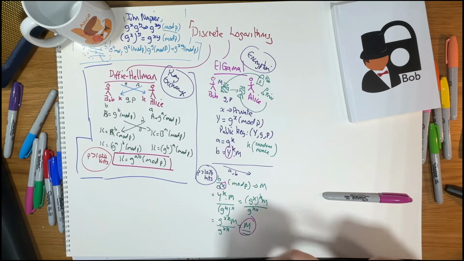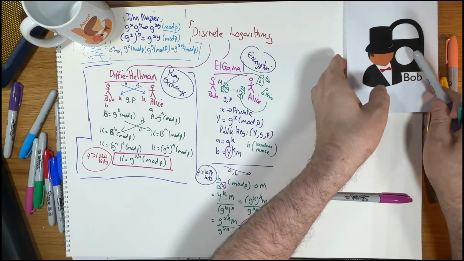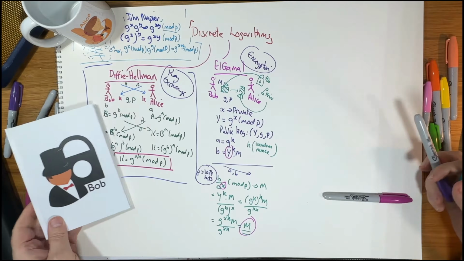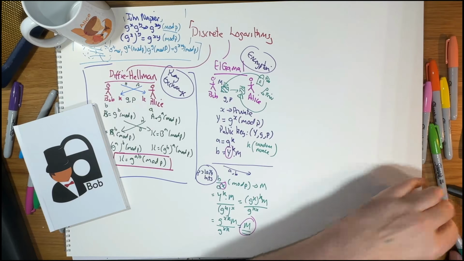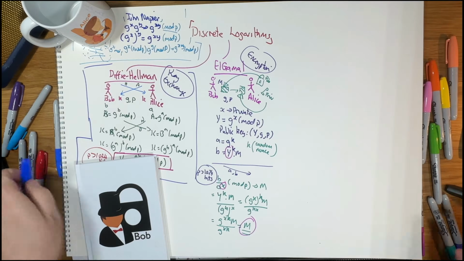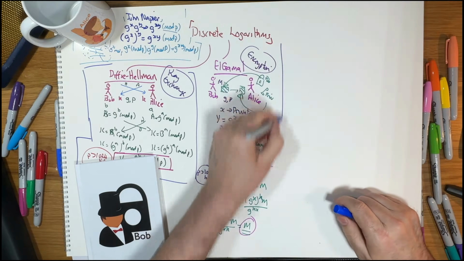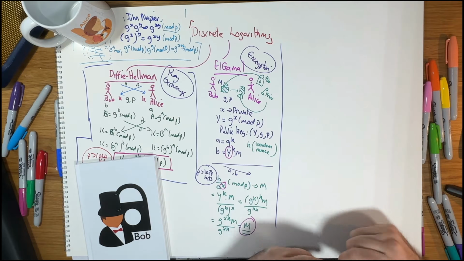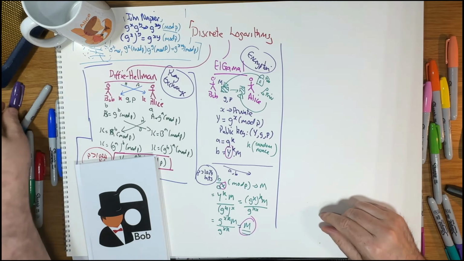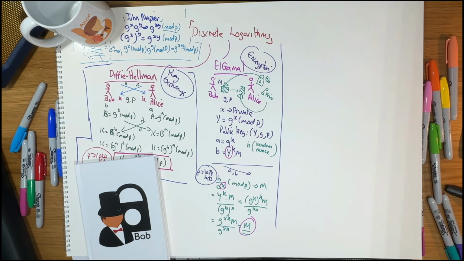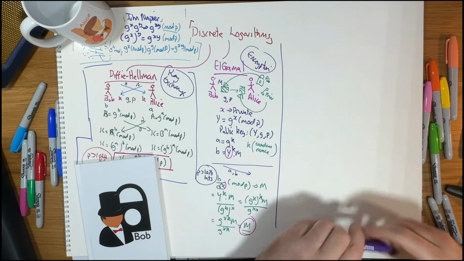Now let's look at signing for the message. So our third method looks at digital signing. And for this, we can prove the ownership of a private key.